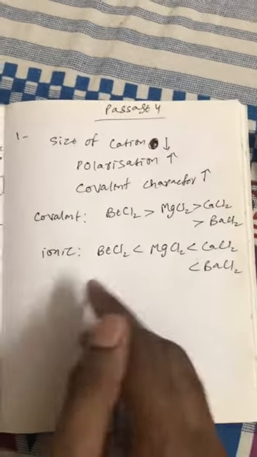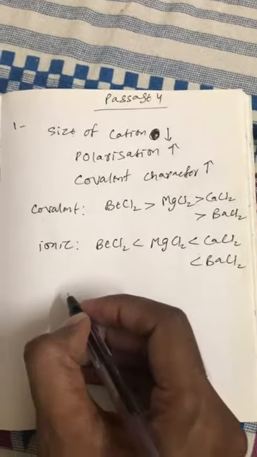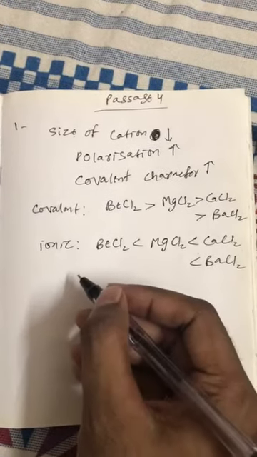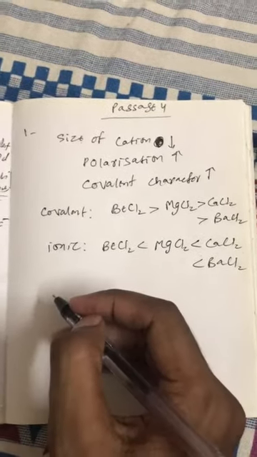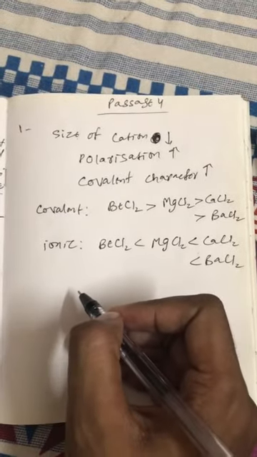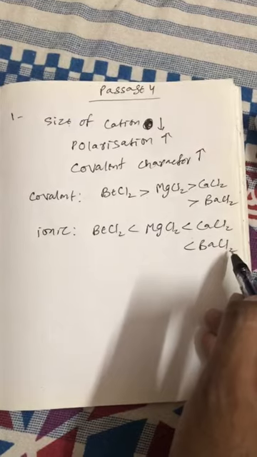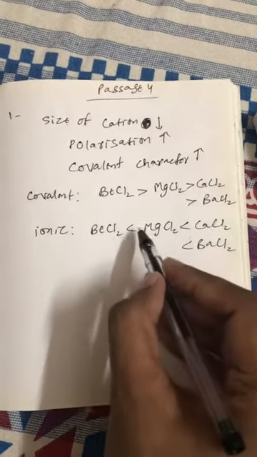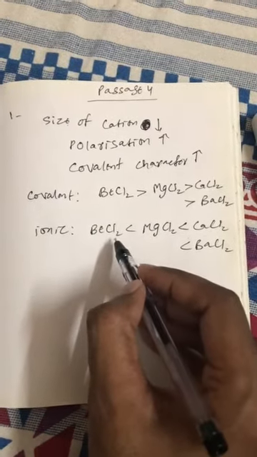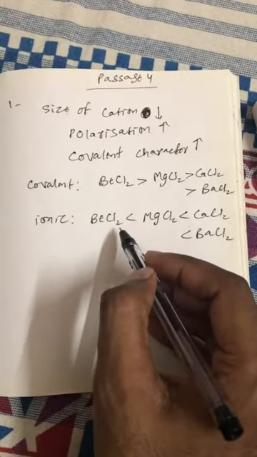Now melting point depends upon ionic character and lattice energy. Because of ionic character, BaCl2 will have the maximum melting point and BeCl2 will have the minimum melting point.